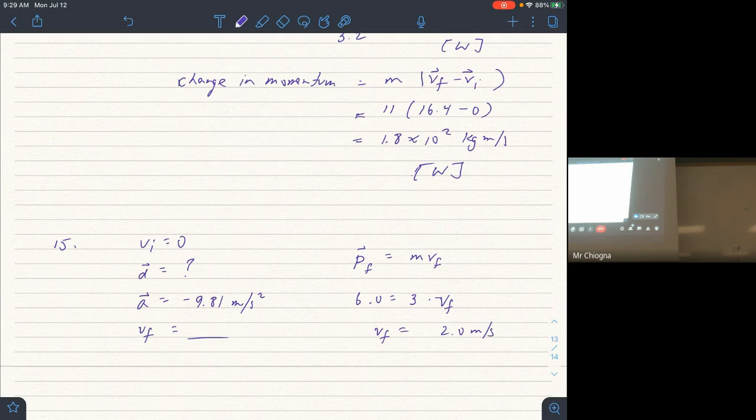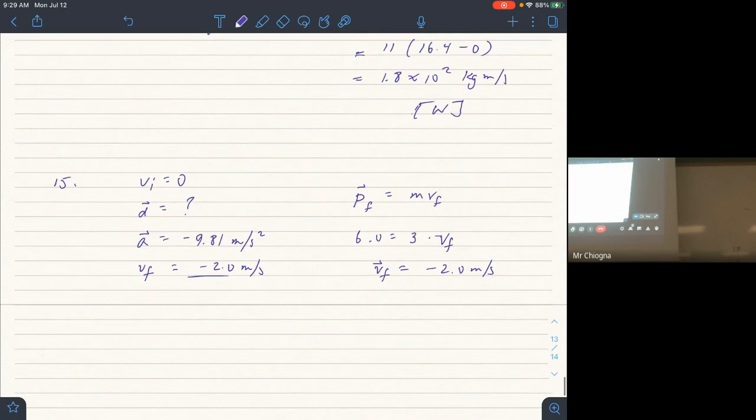And yes, when I plug it in, if I'm going to use it as a vector, as I have to with the kinematics, it is -2. Now I can solve for the D. I use the equation that contains all 4.